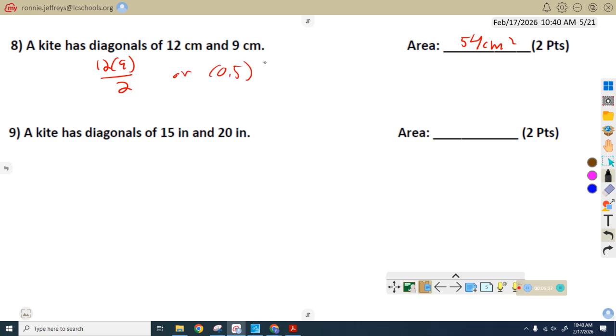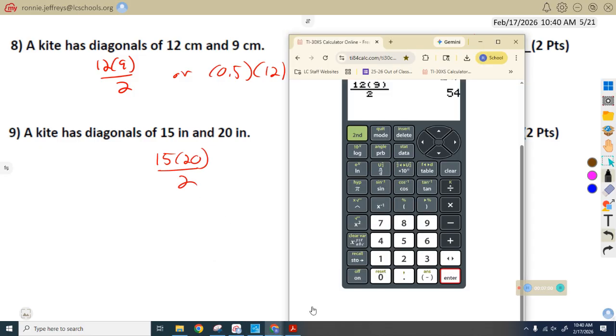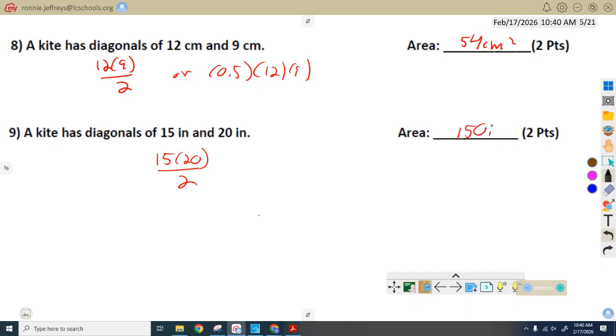It didn't matter. Okay. I don't know why I just wrote 12 when it's 15. So 150 inches squared.